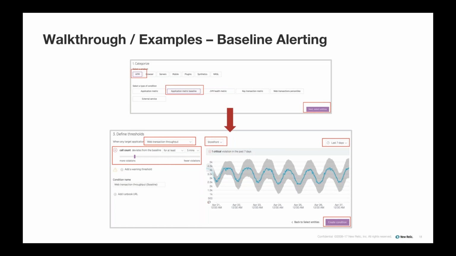And vice versa, if during the day you have a dip in traffic where normally you've got this pretty steady pattern, that's also an interesting thing that you want to know about. Setting up static thresholds to accomplish that is going to be way too much of a hassle, probably not even work, and would definitely require a ton of management and tweaking ongoing. This is more of a set it and forget it type thing.